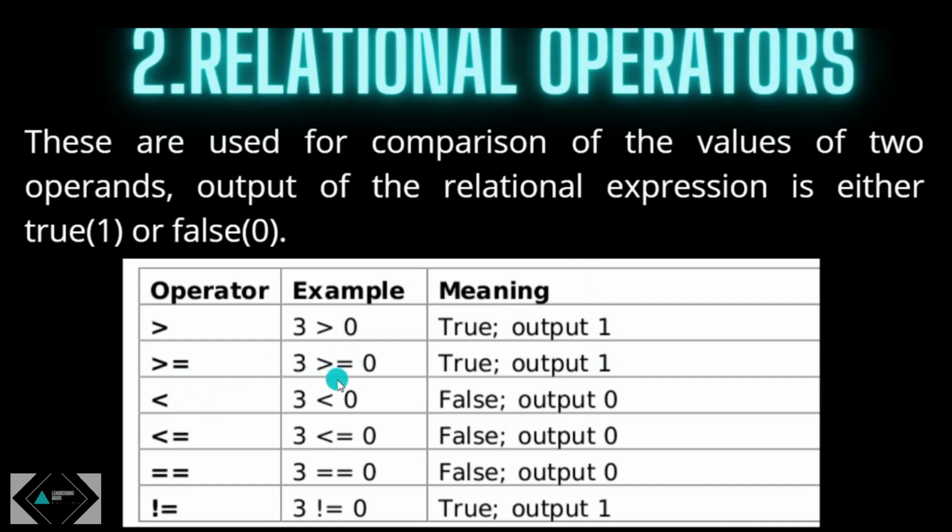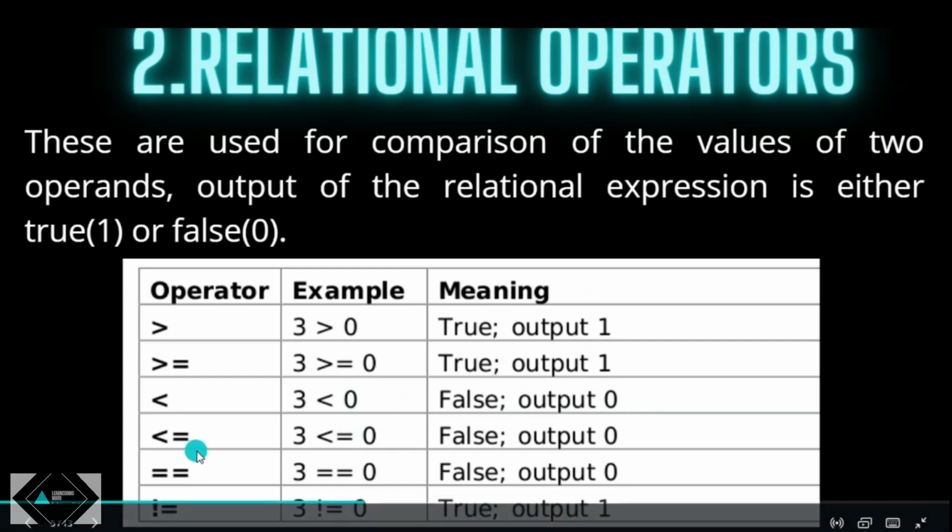Then we have greater than or equal to, 3 greater than or equal to 0, so it's true because 3 is greater than 0 and output is 1. Similarly, less than, 3 less than 0, false, output is 0. Then less than or equal to, 3 is less than or equal to 0, this is false, so output will be 0, which is false.